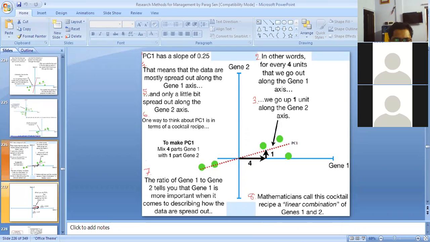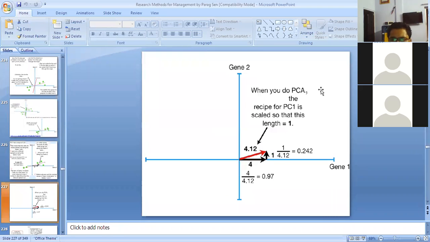Now when you do PCA, the recipe for PC1 is scaled so that this length is equal to 1. You have already found out the slope, which is 1 and 4, so you need to make the hypotenuse equal to 1. To do that, you need to find the length of the hypotenuse.